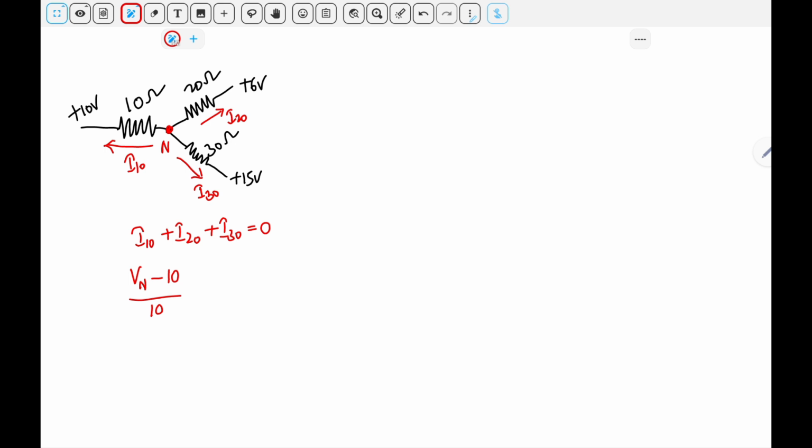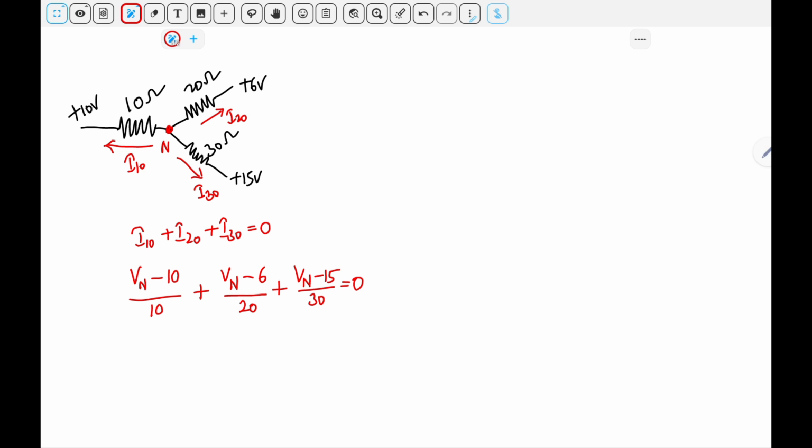So the current is the ratio of potential difference to the resistance. Next, let me write the expression for current flowing through the 20 ohm resistor. So it is (Vn minus 6 volt) by 20 ohm plus (Vn minus 15) by 30 ohm is equal to 0. So these are the three currents, I10, I20 and I30.